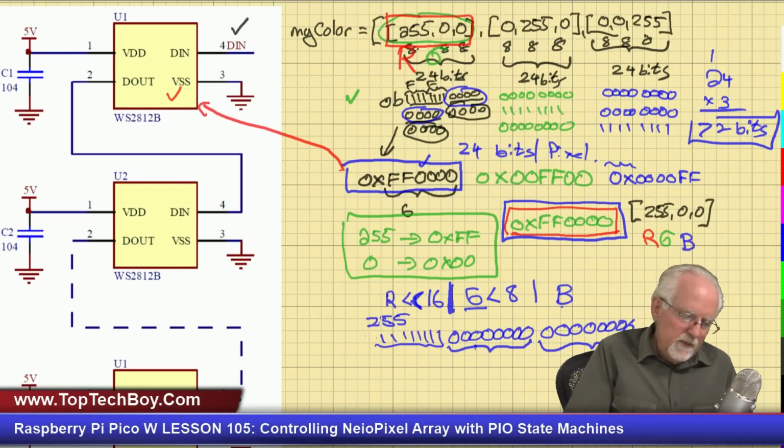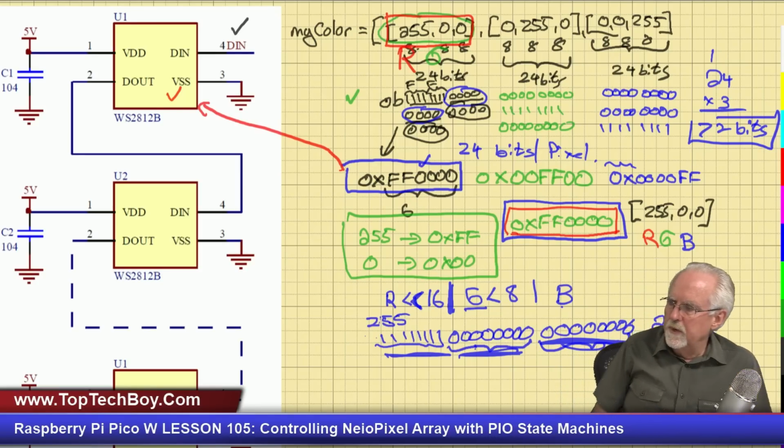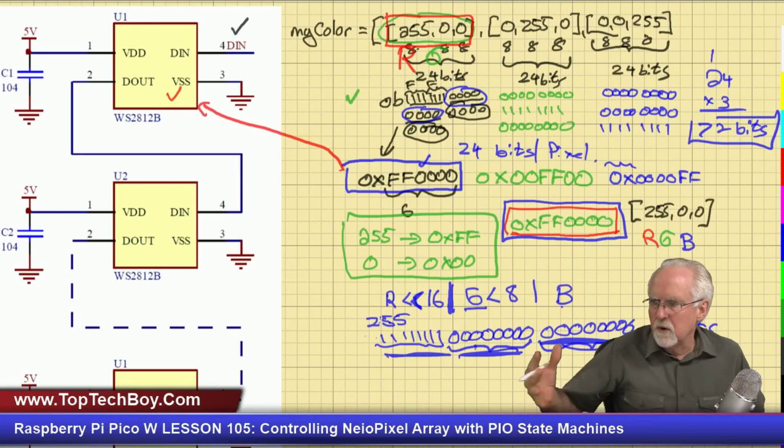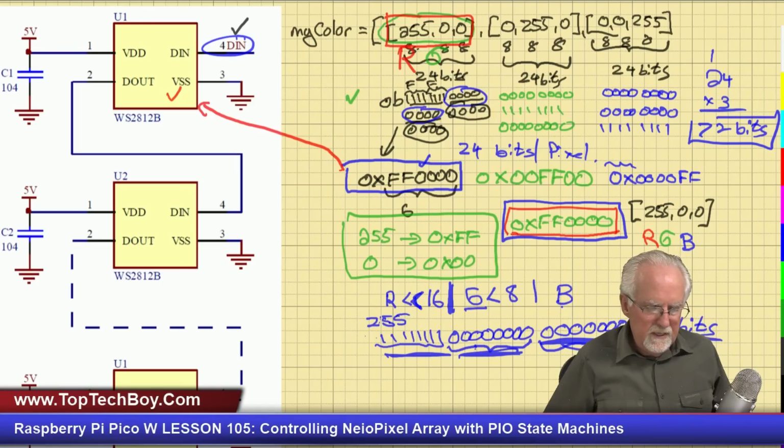So by doing this, take red, shift it to the left 16, take green, shift it to the left by 8, take blue, leave it where it is, and now what do I have? I have the 24 bits of ones and zeros, which I can now pass in to DN.